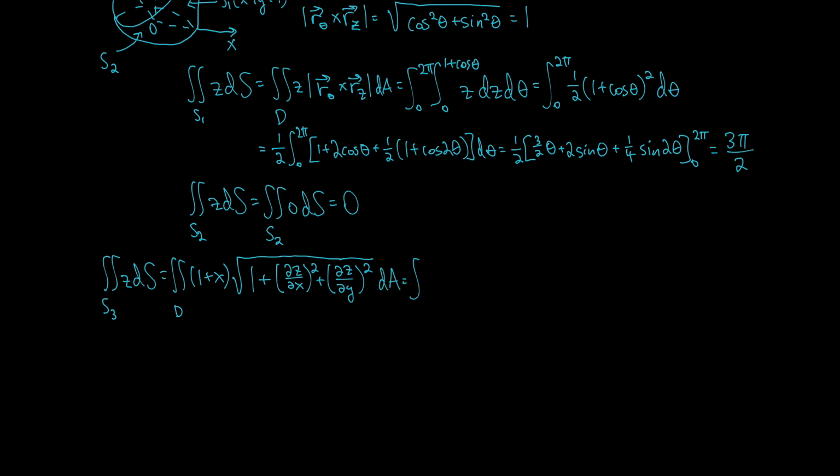That's equal to the integral from 0 to 2 pi, integral from 0 to 1 of 1 plus r cosine theta for 1 plus x, and then the square root of 1 plus 1 plus 0, because the partial of z with respect to x will be 1 for S3, and then the partial of z with respect to y is just 0. There's no y in our z equals 1 plus x for S3.